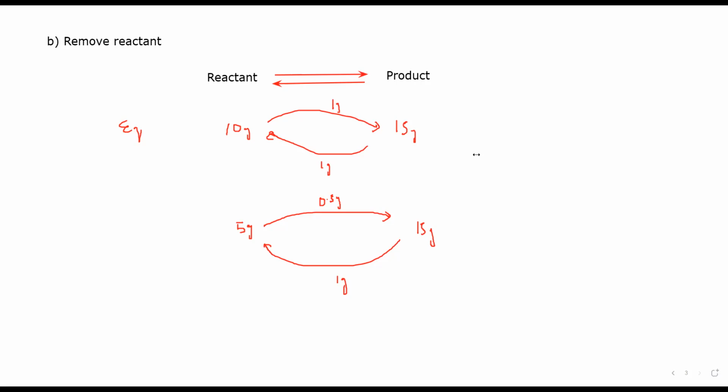So when we remove reactant, the balance or equilibrium shifted towards left or backward, or you can say the yield, meaning the amount of product, will decrease. Is it clear? This is the second factor which affects the position of equilibrium.